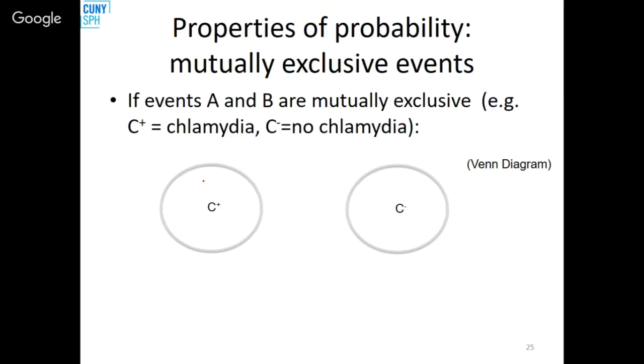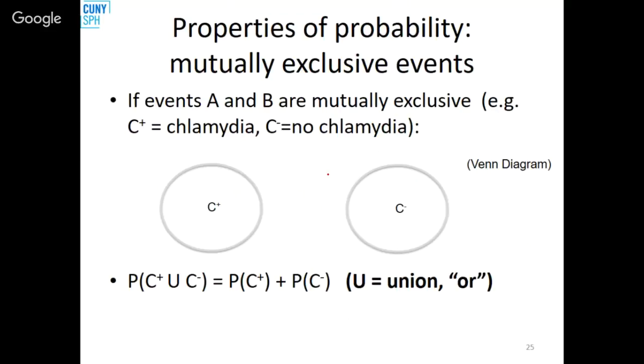Okay, mutually exclusive events look like this. There's no overlap between them, such as being positive for chlamydia by the gold standard and negative for chlamydia. They cannot both be true. It's one or the other. And in this case, the probability of A or B is equal to the sum of these two because there's no overlap.